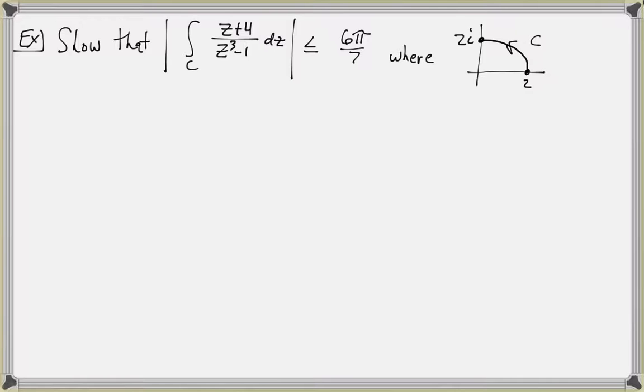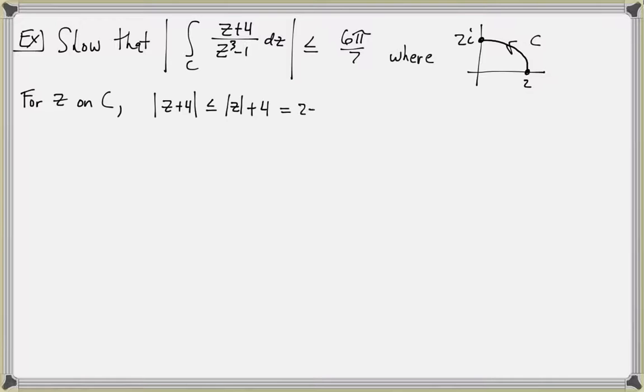So again, let's begin with a bound for the integrand. Let's consider values of z on the contour C. Well, the absolute value of z plus 4 will be less than or equal to the absolute value of z plus the absolute value of 4, which is 4. Well, on this circle, the absolute value of z is equal to 2.